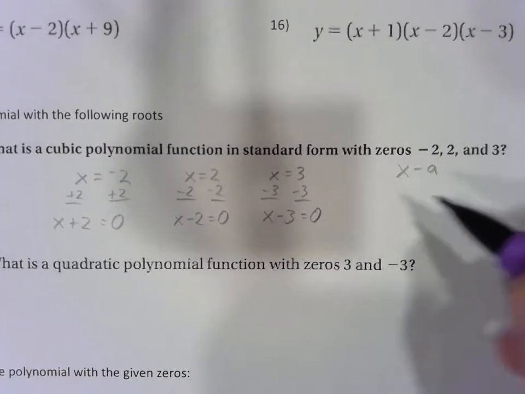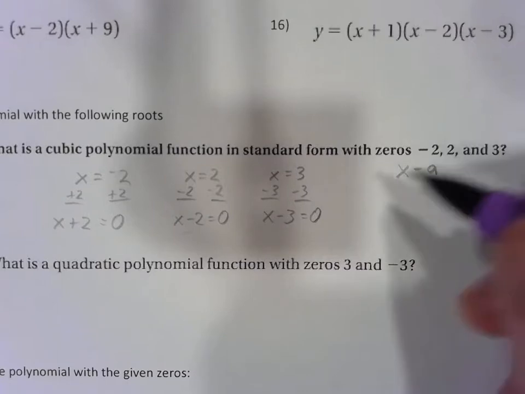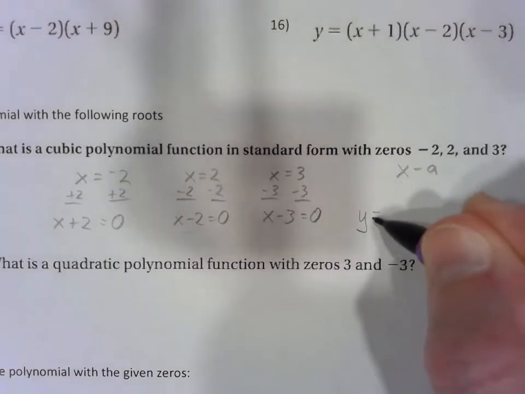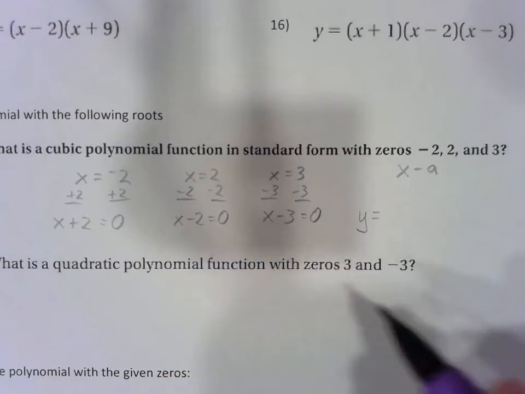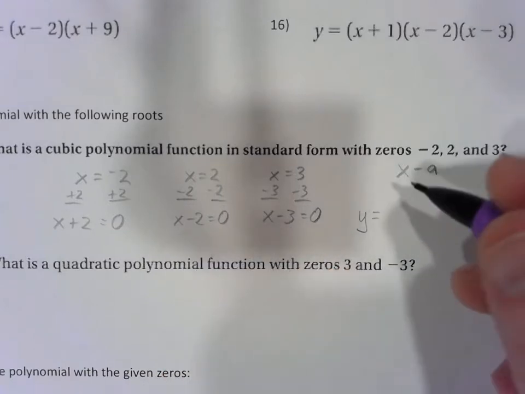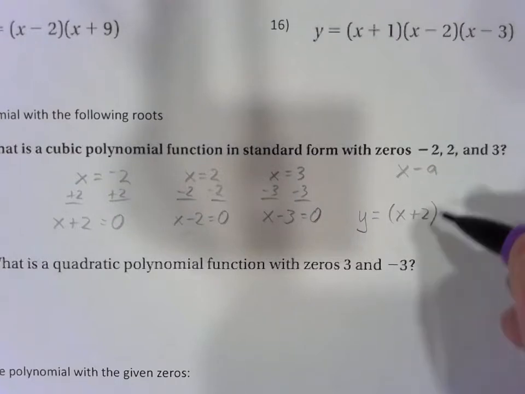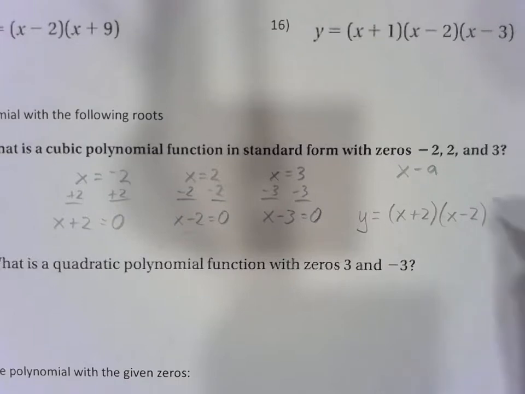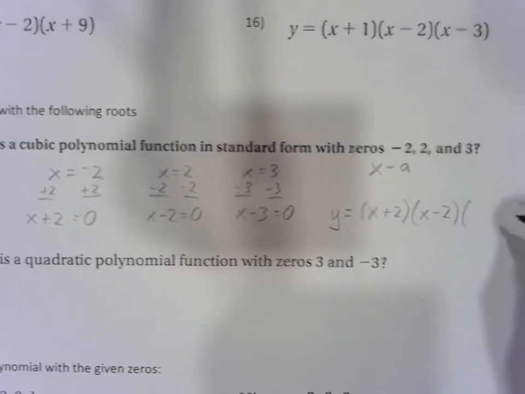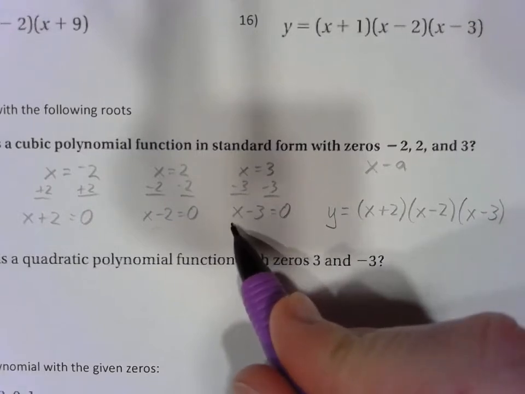So the cubic polynomial function, we can write it as f of x or y equals, and now we want to write each of these expressions that equal 0. So x plus 2 is a factor, and x minus 2 is a factor, and x minus 3 is a factor.